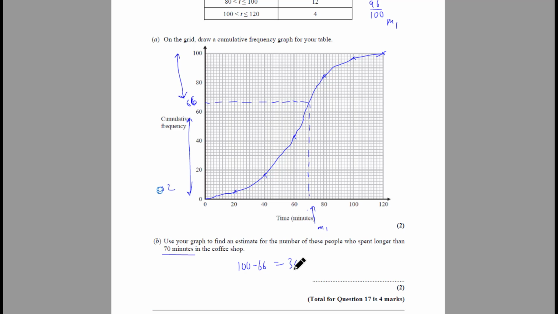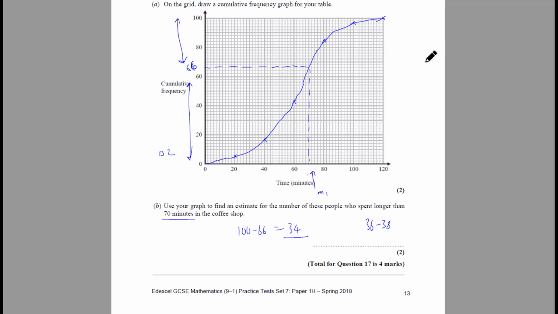And in the Maths scheme, they say they accept an answer between 36 and 38. Now, this is because my graph is not very good. So, when you do this on A4 paper, you can see here, my line isn't that smooth, right?